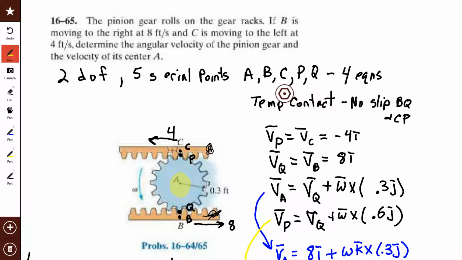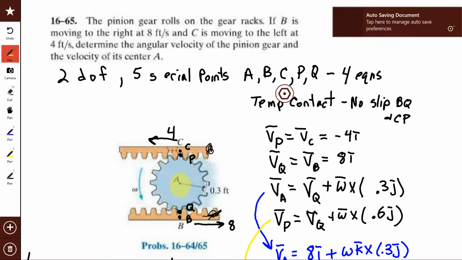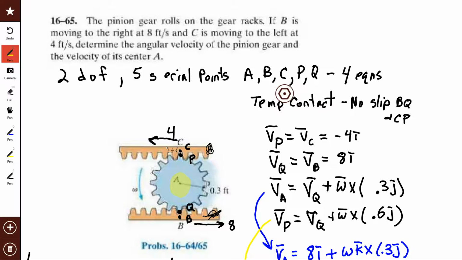Why is P special? I know only one reason why P is special. Okay, but you're jumping ahead. I would say it's special because it touches more than one body. But you're right, because you're thinking about the table, right? By the way, P is a dot on the pinion gear.